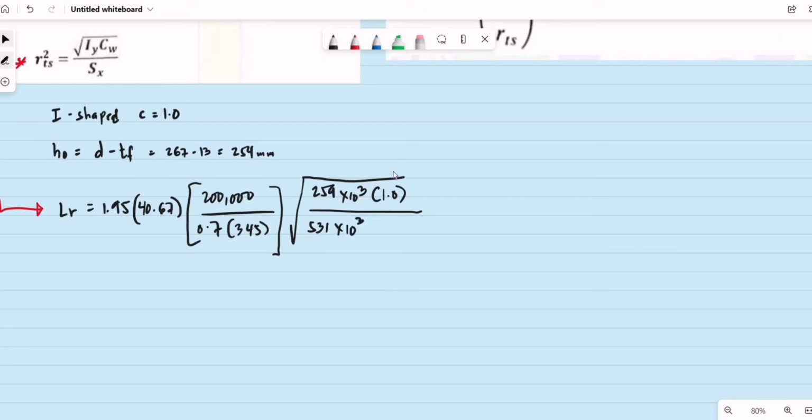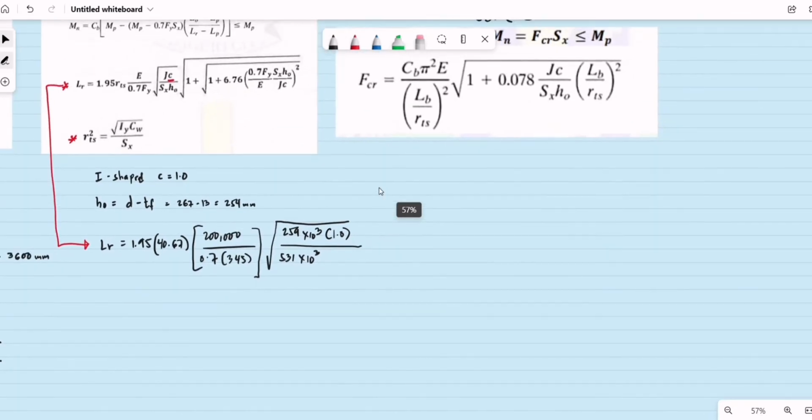Then the value of the H sub O is equal to 254 millimeters.